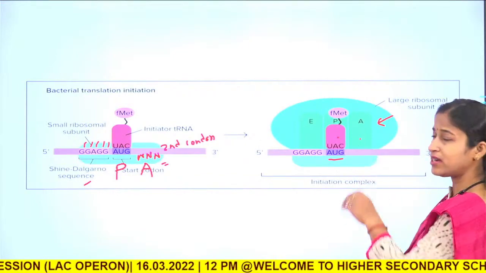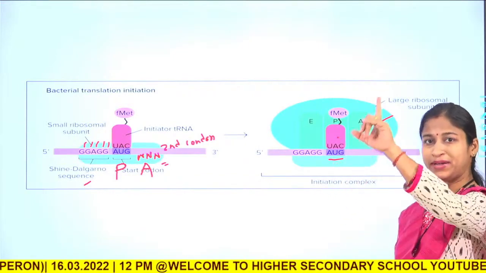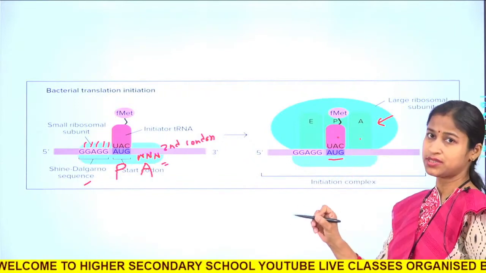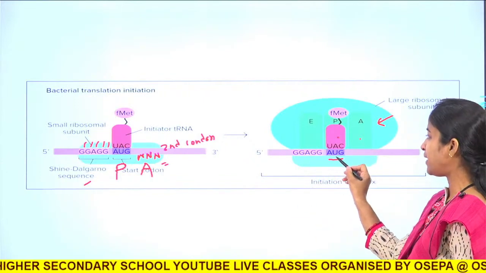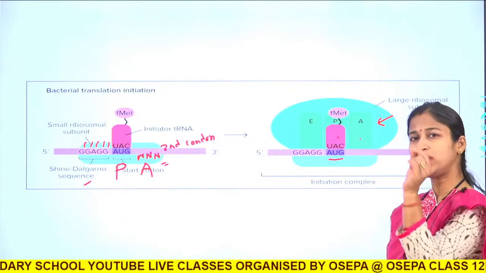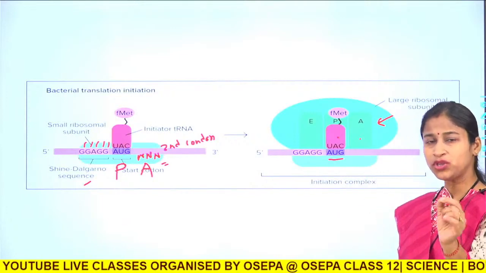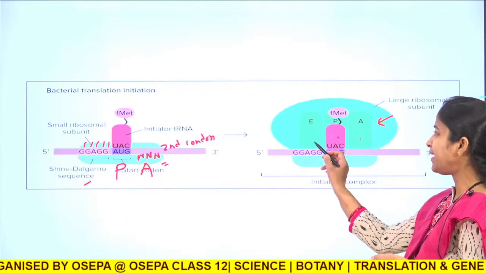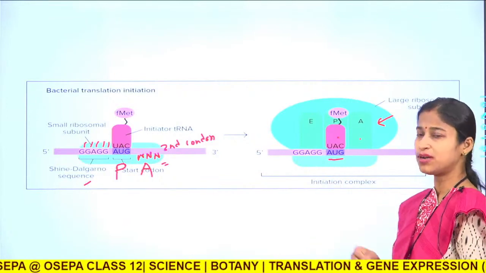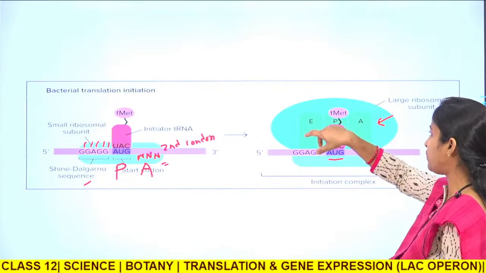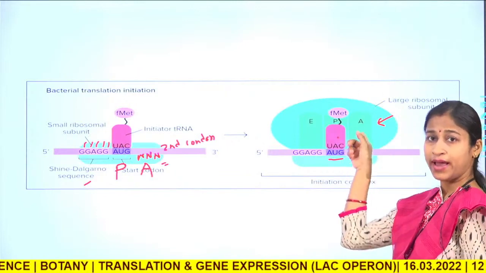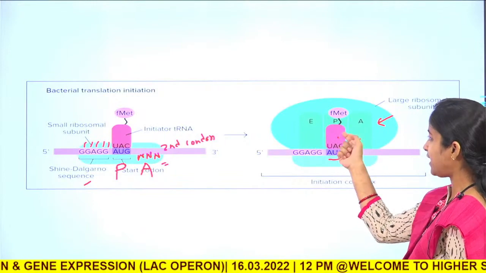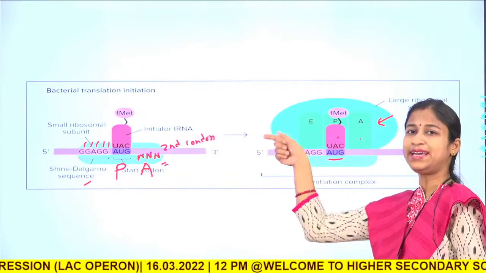Then the P site will always carry the peptidyl chain, but in the first instance, the P site is occupied by the AUG codon and will only carry the formylated methionine. And the exit site has the importance that once the peptidyl group is transferred to the A site, this pre-tRNA will exit from the E site.